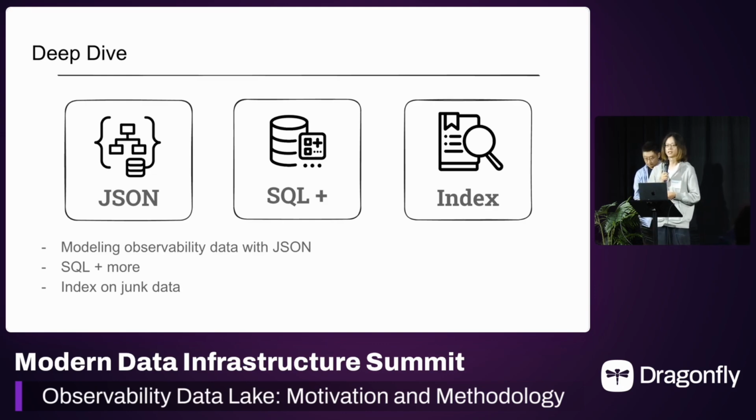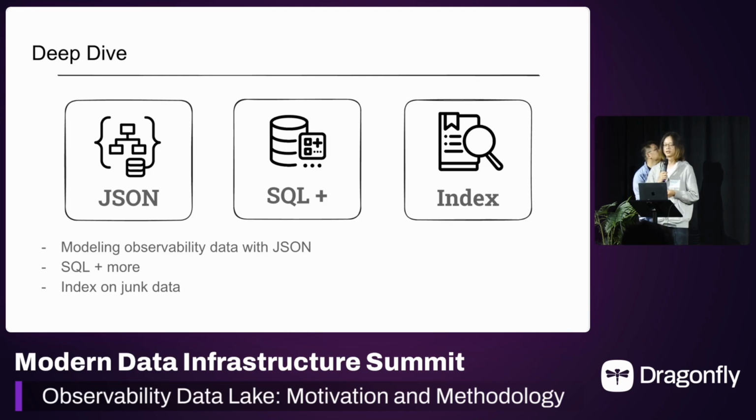And the second is about SQL. SQL, and more broadly a query language, is an interface you use to interact with your data, as a human or as an AI agent. We will introduce how we implement it and what we provide in GraphQL to make you interact with your data.